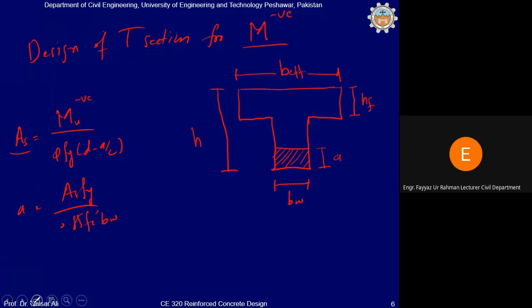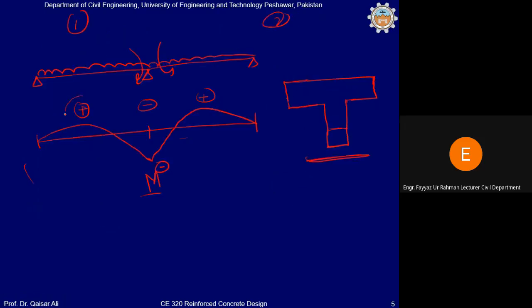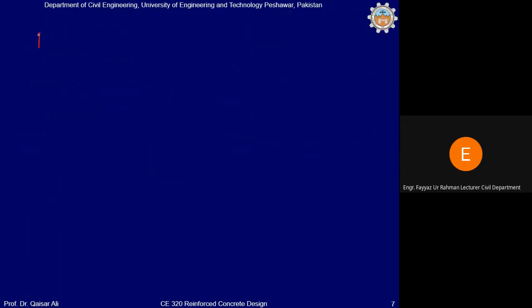Okay. Now we will discuss the design of this beam for positive bending moment. This was the design of the T section for negative bending moment. Now how to design this T section for positive bending moment? So now we will discuss the design of T section for positive bending moment.